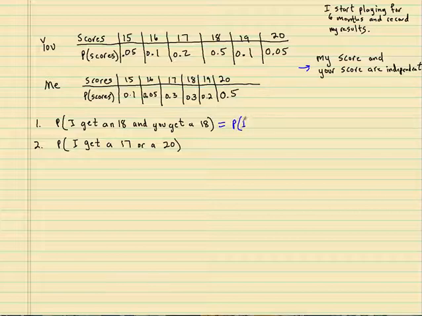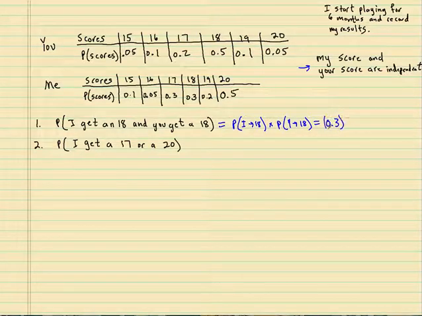So it's the probability I get an 18 times the probability that you get an 18. So that's 0.3. Oops, I went to the wrong one. You get an 18.